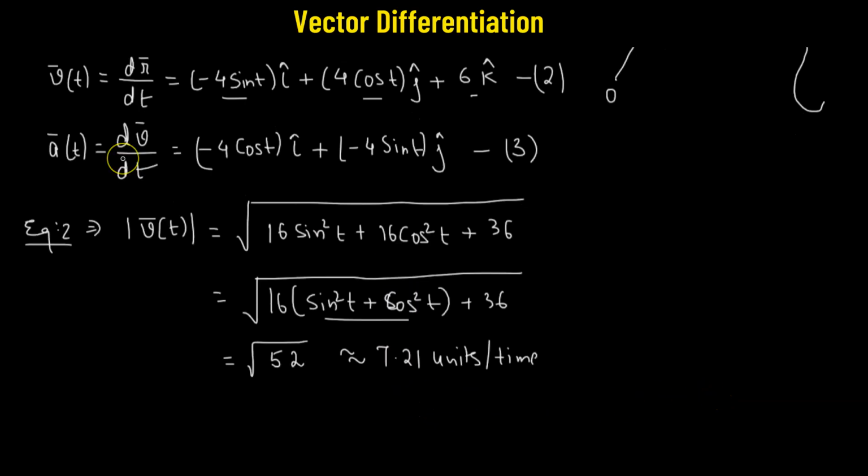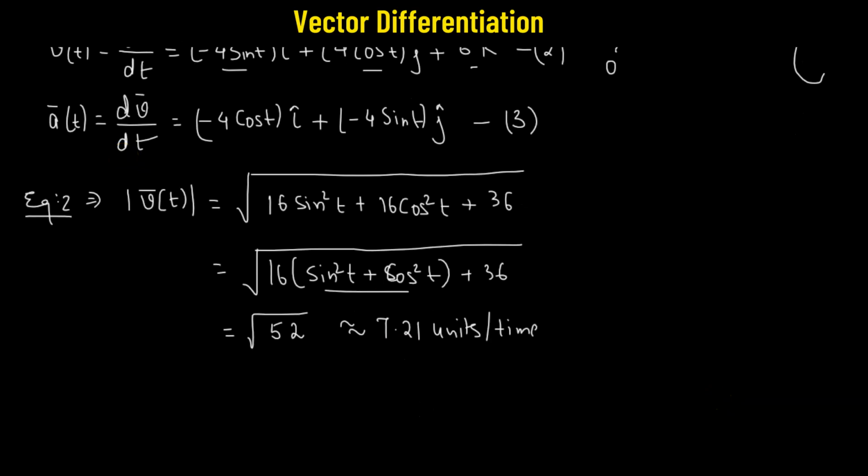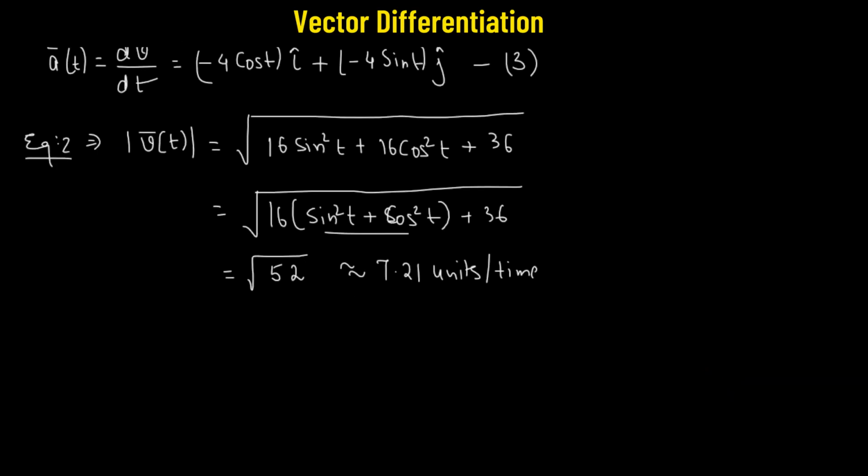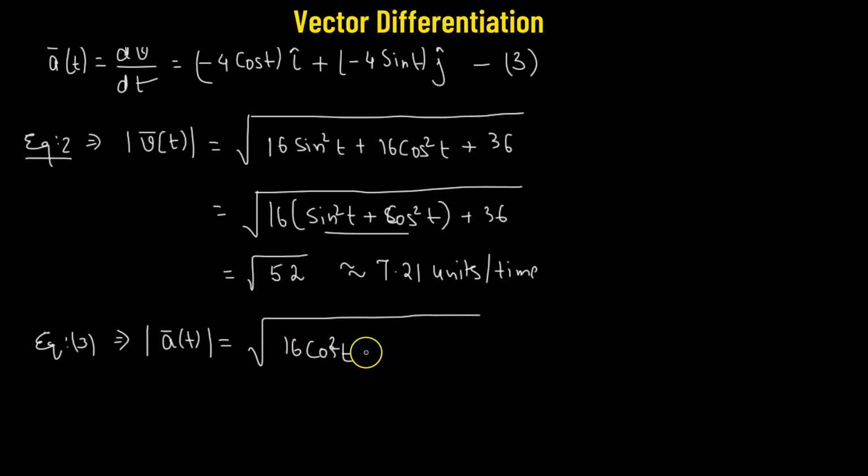Now we will find the magnitude of the acceleration at any given moment of time. This follows from equation number 3. Its magnitude is the square root of the sum of the squares of each component: 16 cosine squared t plus 16 sine squared t.